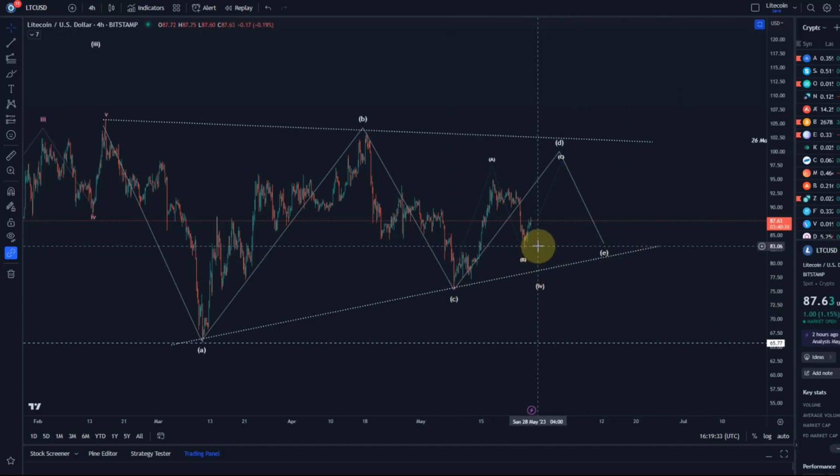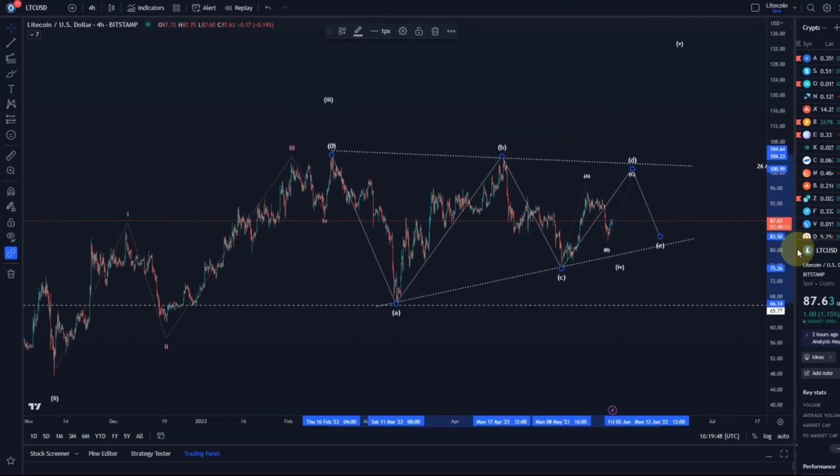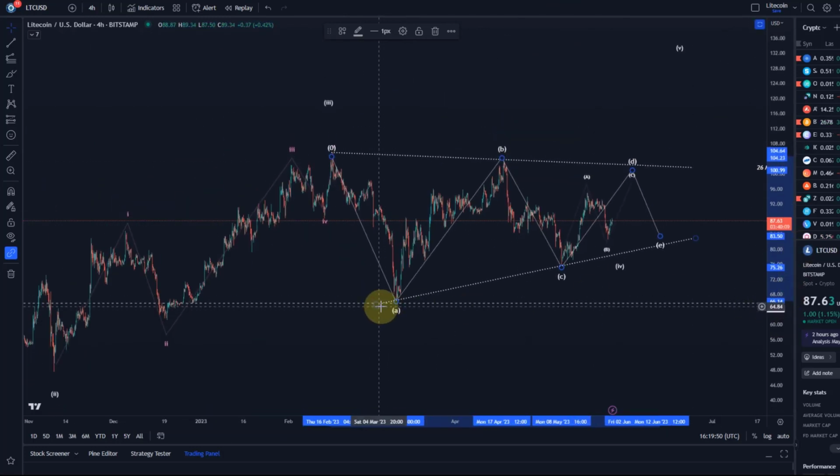And on a micro level, it should hold the 80, let's say 82.70 level, and could push higher in that C wave then. Yeah, and then we need to see, is this the larger D or are we already breaking out? The overall forecast would be, as long as 65 down there is holding, until that is broken, that we can push higher into the $130 region. Maybe in anticipation of the halving, we will see. It's a bit of a buy the rumor, sell the news event, isn't it?